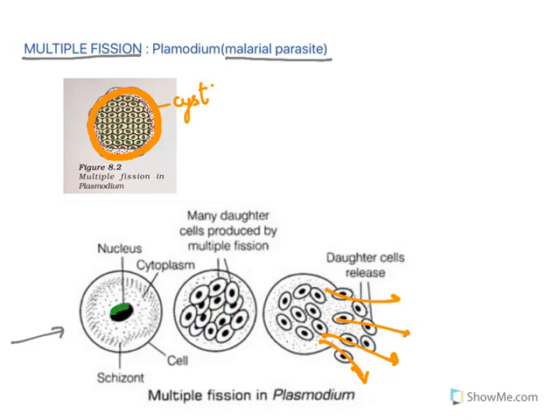Let me explain this point again. Here first we have the nucleus. The nucleus first gets divided into this many nuclei, and then the cytoplasm that surrounds this nucleus then slowly surrounds each of these nuclei, forming this number of cells, and later the cyst breaks open and releases these daughter cells.